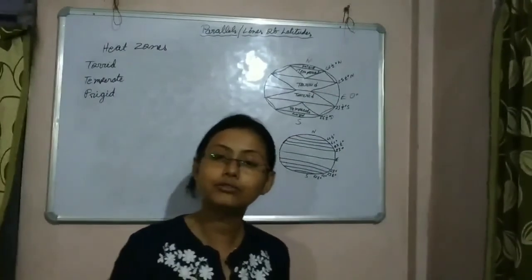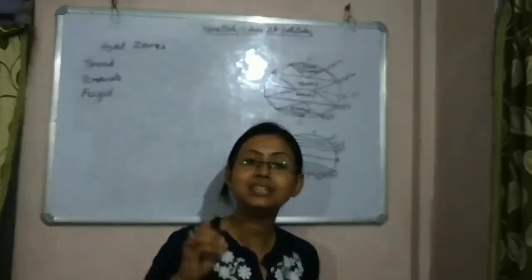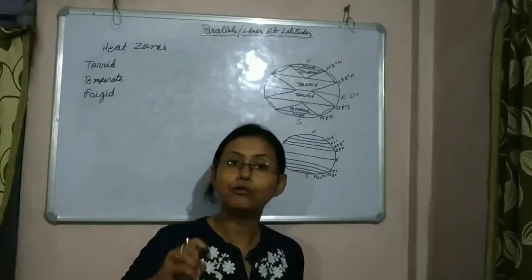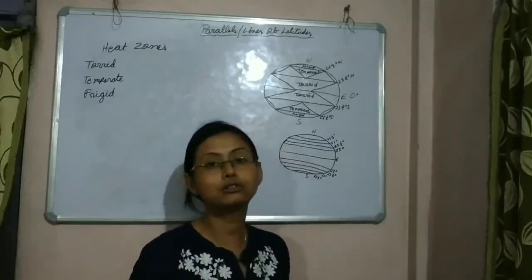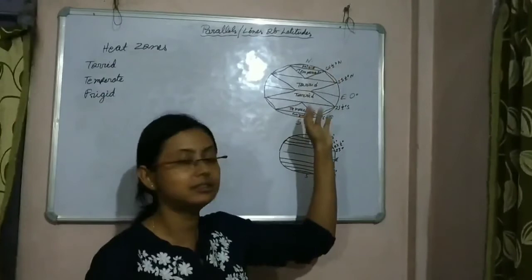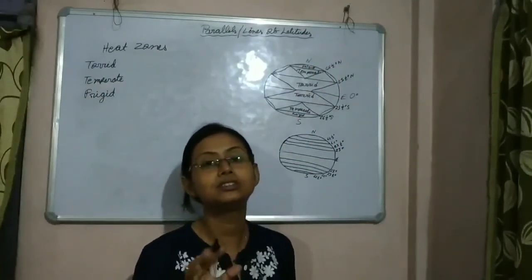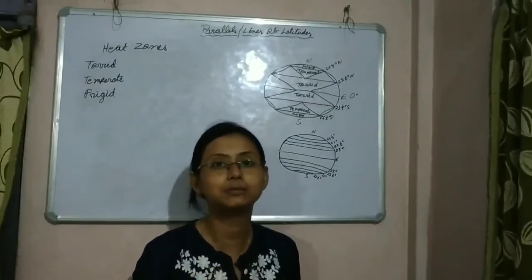And why are these called frigid zones? Because in these two zones extremely slanting rays reach, and that is also for 6 months only. These two regions receive sunlight for 6 months only, 6 months day and 6 months night.